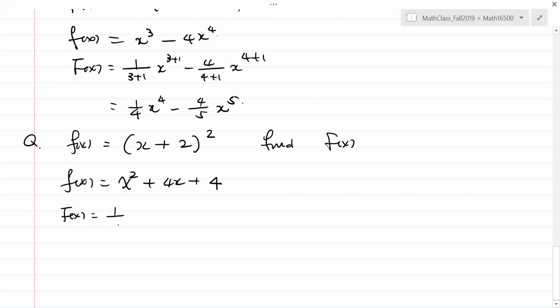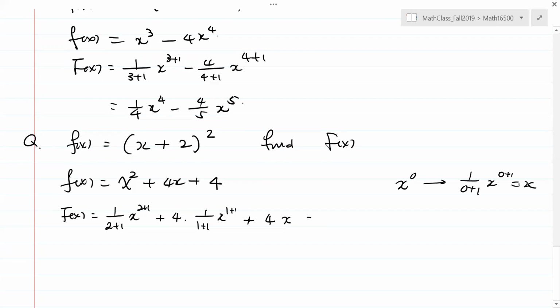The first one is 1 over 2 plus 1, x to 2 plus 1, plus 4, and this is just 1, right? So 1 plus 1, x to 1 plus 1, and the antiderivative of 4 is 4x. The reason is that you can view it like 4 x to the 0. The antiderivative will be 1 over 0 plus 1, x to 0 plus 1, which is x.